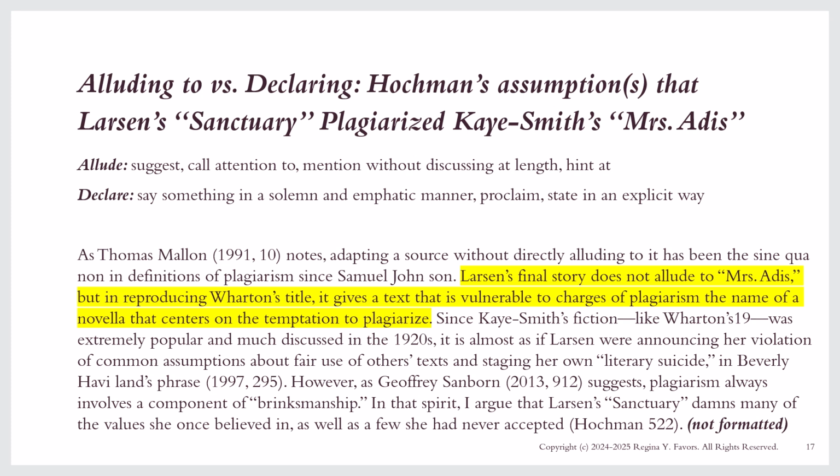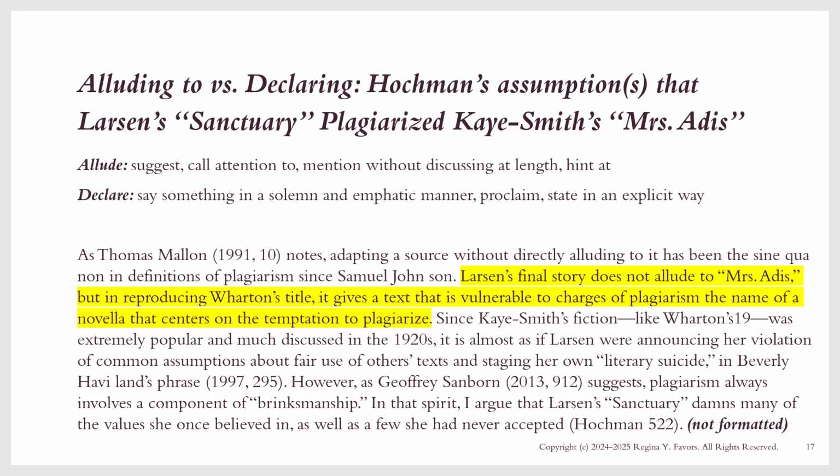So if you decide to add this quote to your paper, make sure to add the quotation marks and make any changes thereof. But again, what I believe that Hockman is doing is trying to conflate two different strategies.